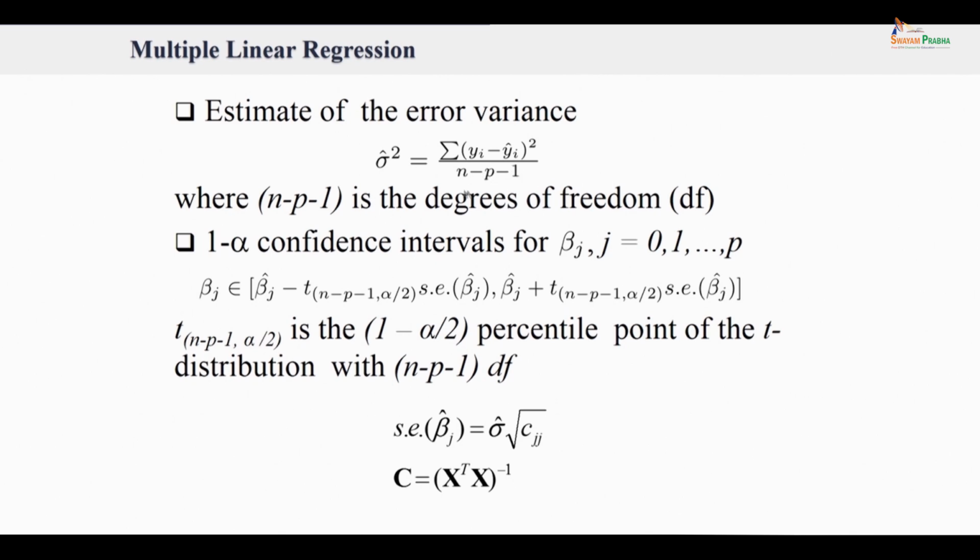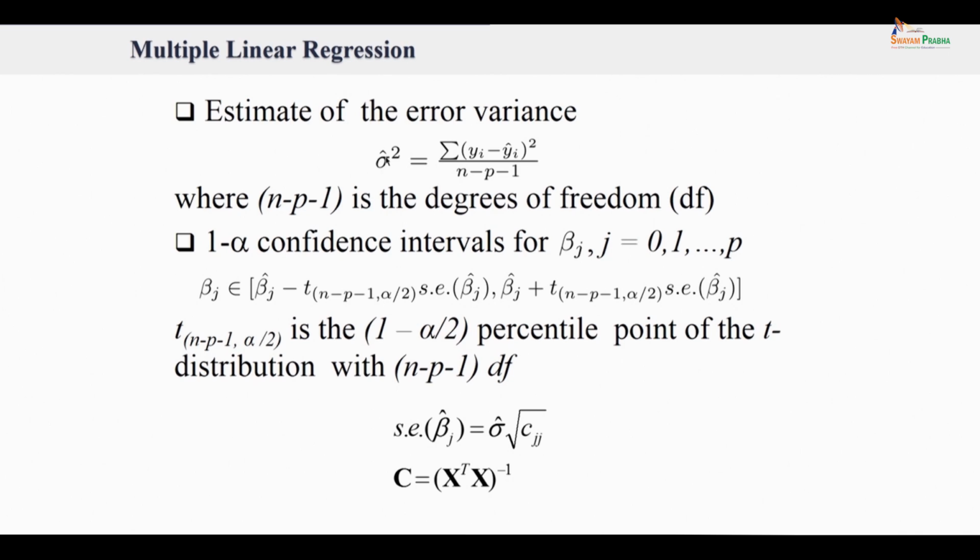The variability in the residuals is caused by the remaining n minus p minus 1 measurements, and that is why you are dividing by n minus p minus 1, whereas in the univariate case you would have divided by n minus 2 because you are estimating only 2 parameters there. So you can see a one-to-one similarity between the univariate regression problem and the multiple linear regression problem in every derivation that we have given here.